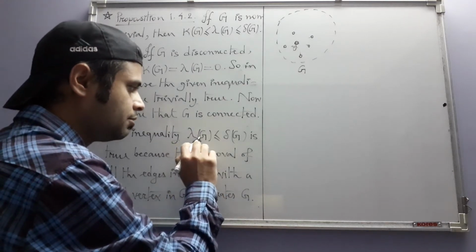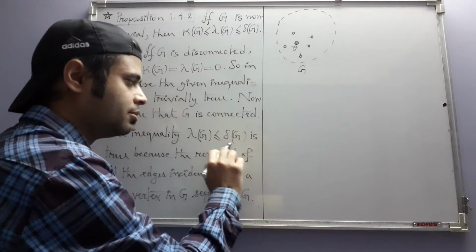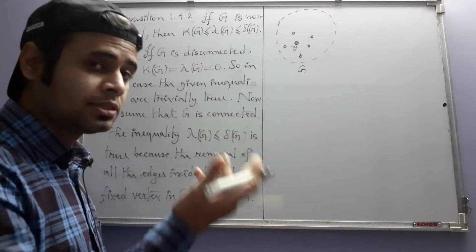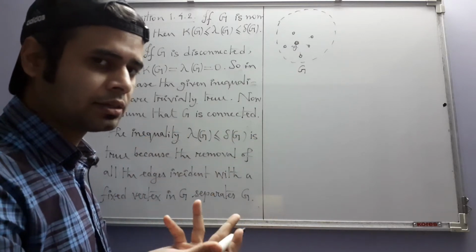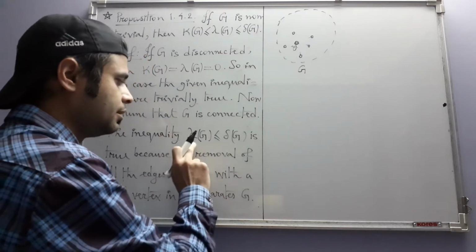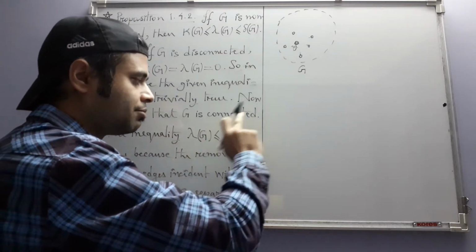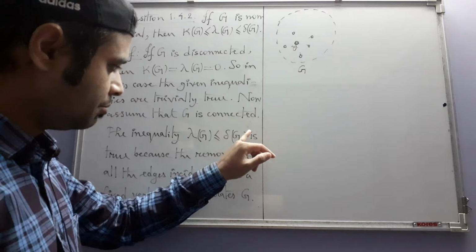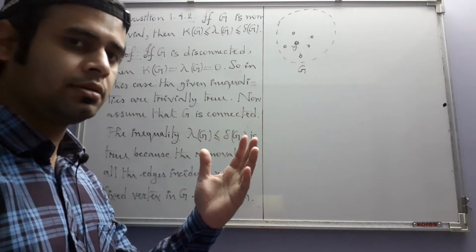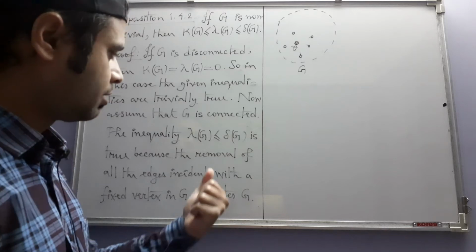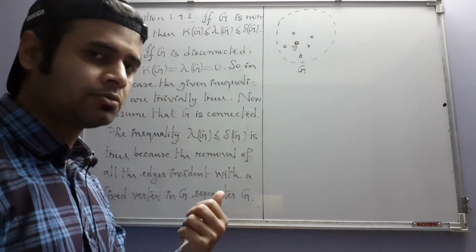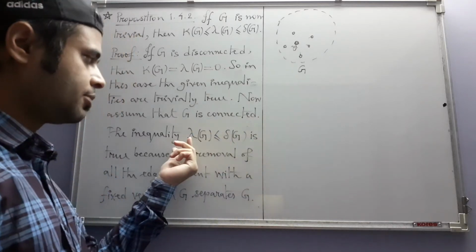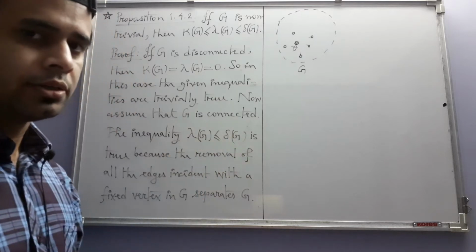So lambda of G must be less than or equal to the minimum degree of the graph, which by definition is the minimum among all the degrees of the vertices of the graph. But this lambda of G obviously can never exceed delta of G, because the removal of this many edges is already giving us a disconnected graph. So the minimum number of edges that need to be removed in order to disconnect the graph should not be greater than this. It should be less than or equal to this. That's why we are getting this inequality.